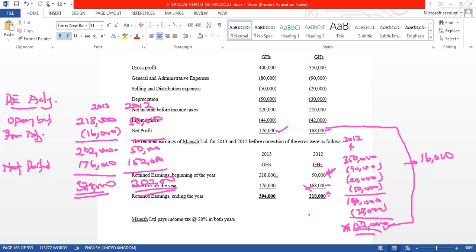Now, the company will have to disclose the error. All right, so you have to disclose. So remember, disclose the error. All right. So what you're going to do is that you are going to disclose your error. So you realize that here, the depreciation error on the PPE is going to affect the PPE.